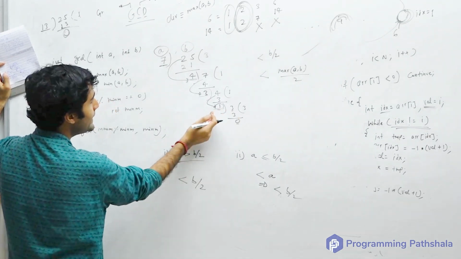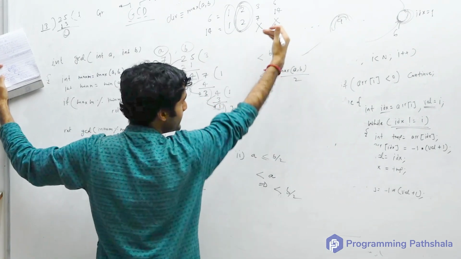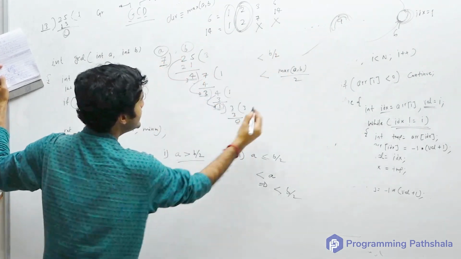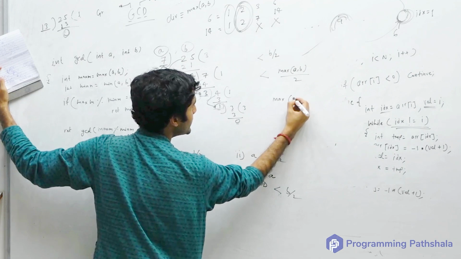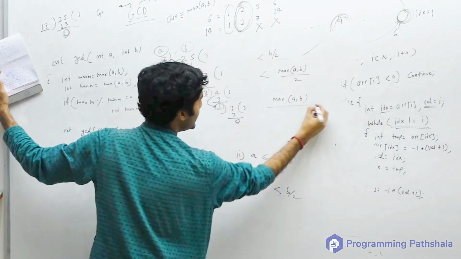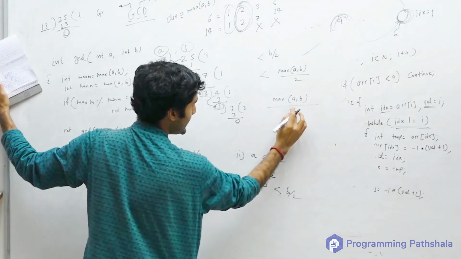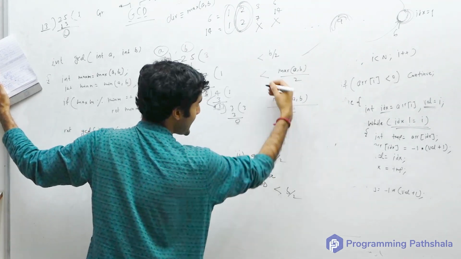So every time, the new divisor that you are getting is half of the previous one. Let's say the initial value was max of a comma b. So every new divisor will be upon 2 of this, then again upon 2 of this, which is 2 square, then again upon 2, which is 2 cube, and so on and on.